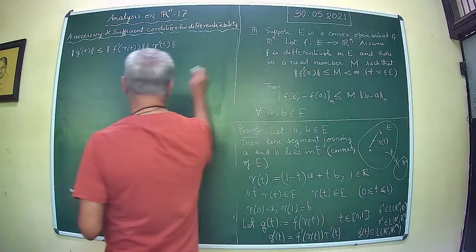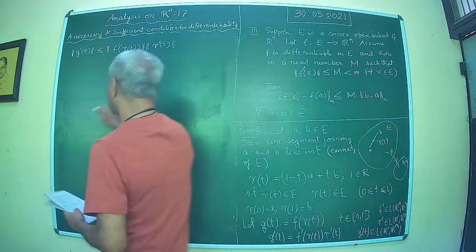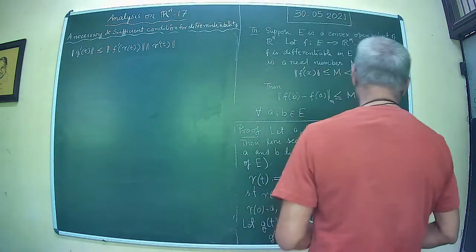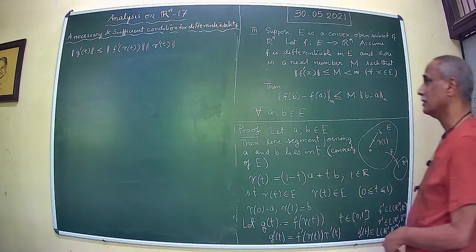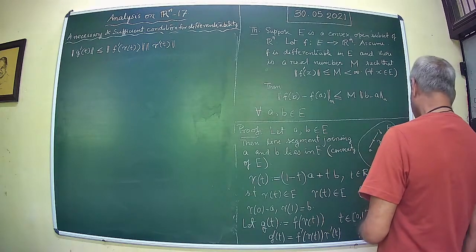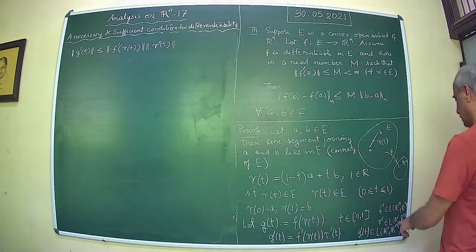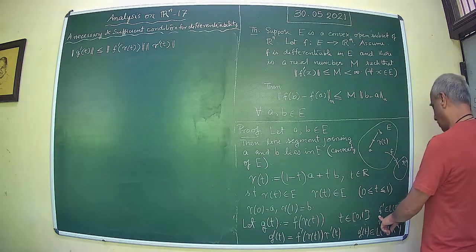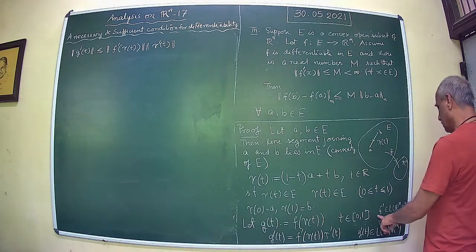For instance, g derivative of t is in R^m, therefore it is going to be the m norm, and f derivative of gamma t is from R^n to R^m. Therefore, this is the operator norm for R^n to R^m.